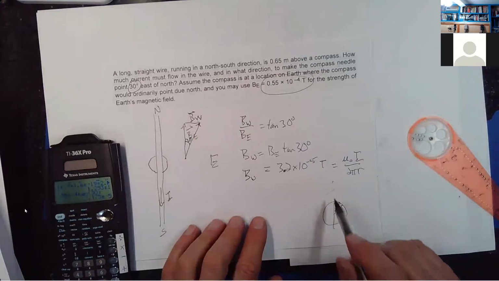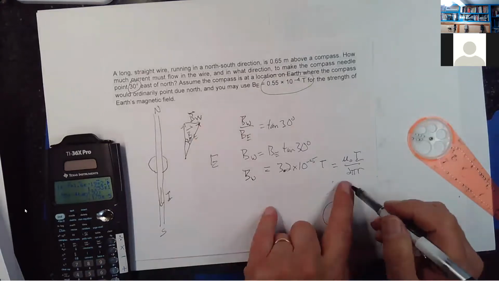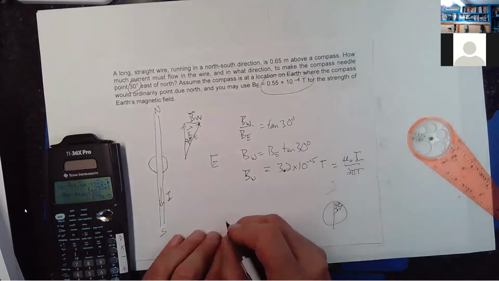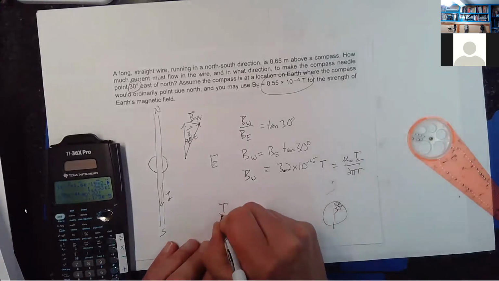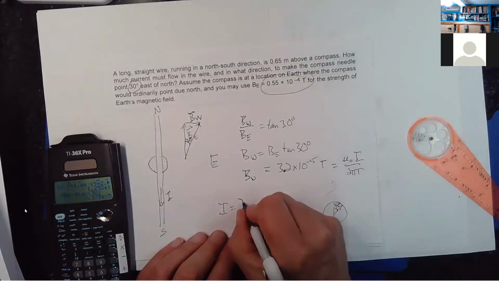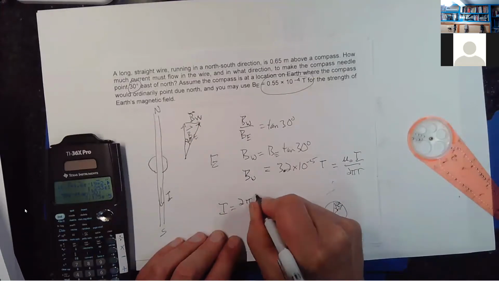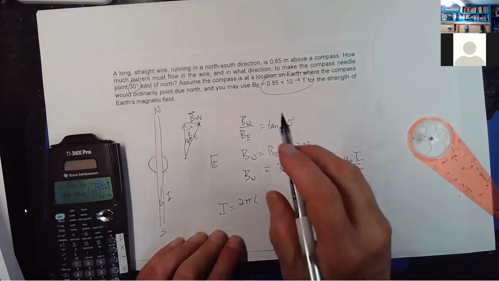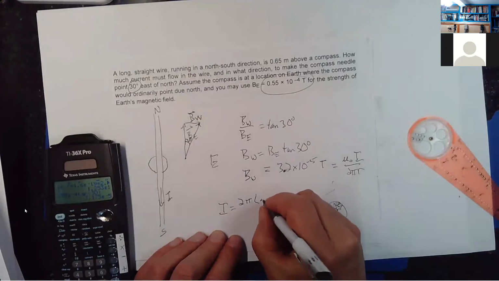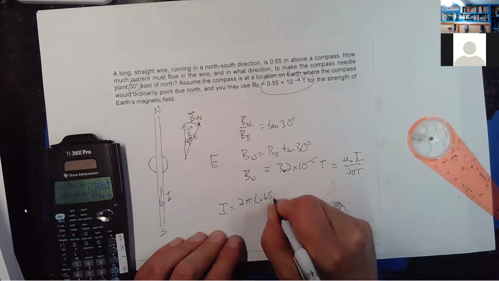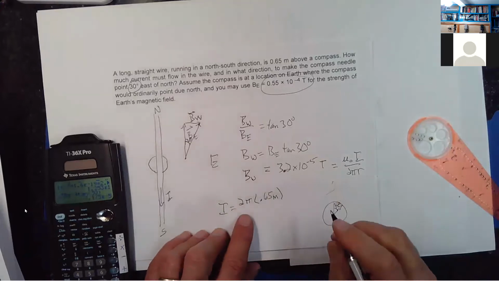And so the current is going to have to be, we can solve that here. Current will equal 2 times pi times r, which is 0.65 meters. We'll see if we come up with amperes on here.